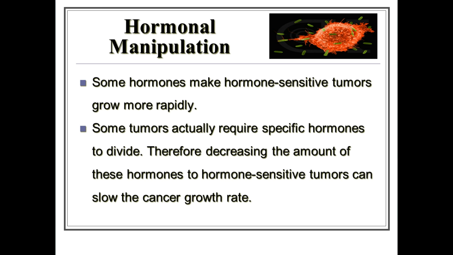As a result, they use hormone manipulation as a way to treat cancer cells that are sensitive to a particular hormone, to decrease the amount of growth. So that's basically what they do.